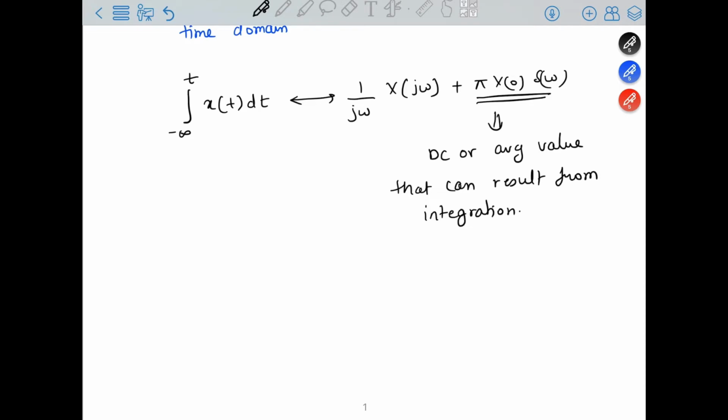So these are the formulas for differentiation and integration, and let's use them to get an idea by solving an example. So we will get the Fourier transform of a very popular signal, that is u(t), the unit step function. So we will take x(t) as u(t).